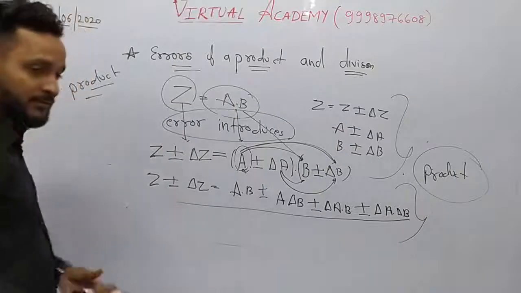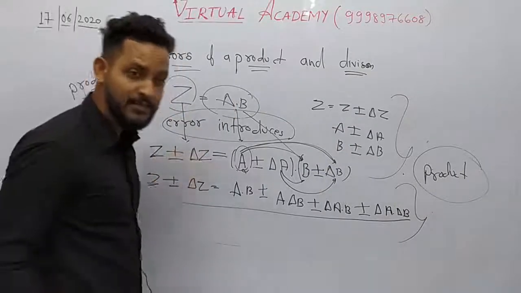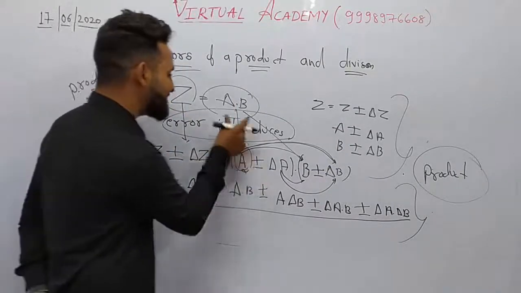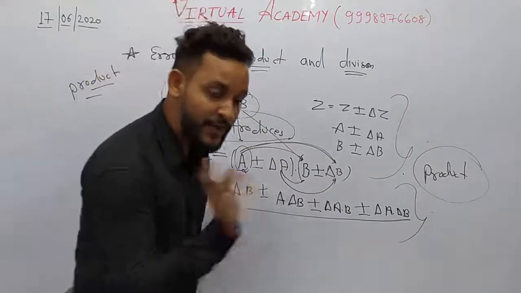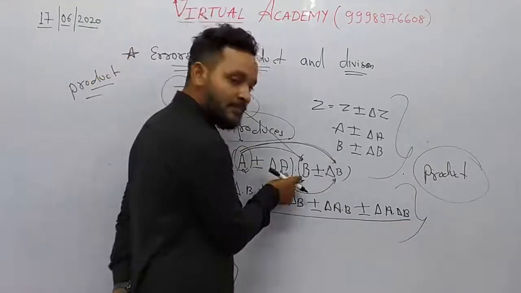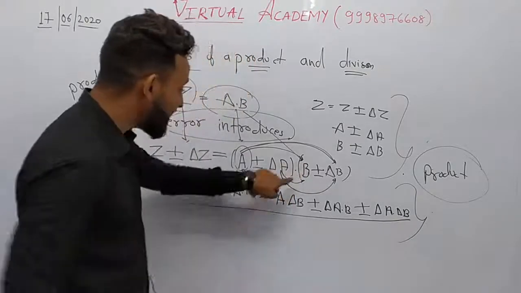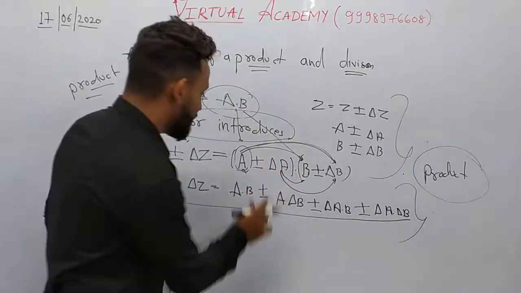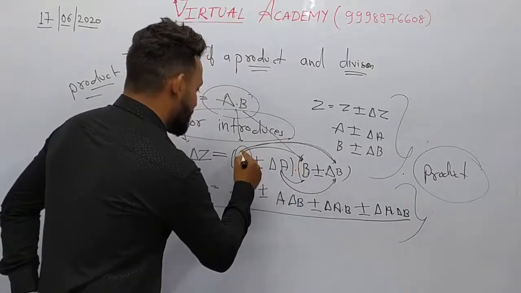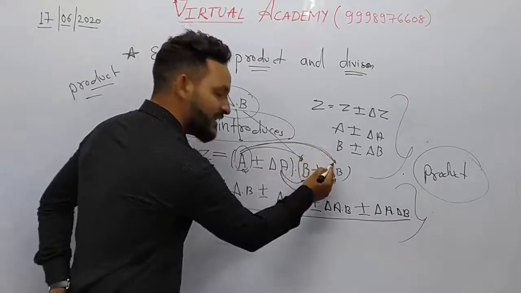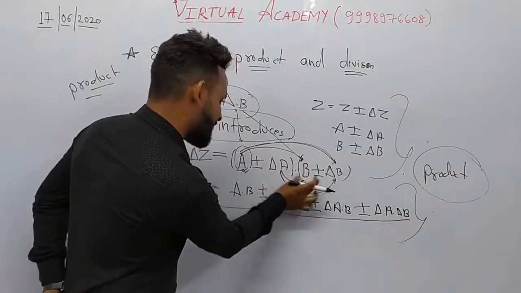Now what we have done is follow the same procedure, but in place of addition and subtraction, we put the symbol of multiplication. After putting that symbol, we follow the same procedure: we multiply A with B, and we multiply A with delta B. Clear? The symbol is like that.